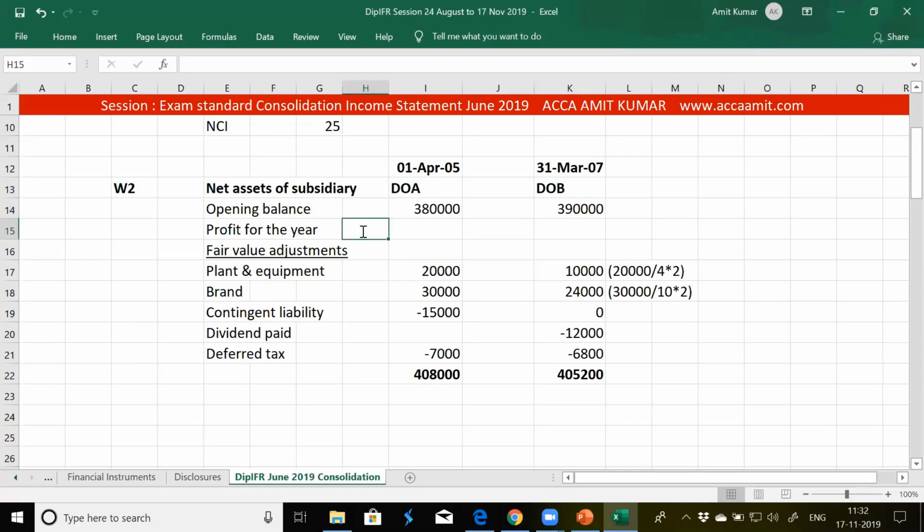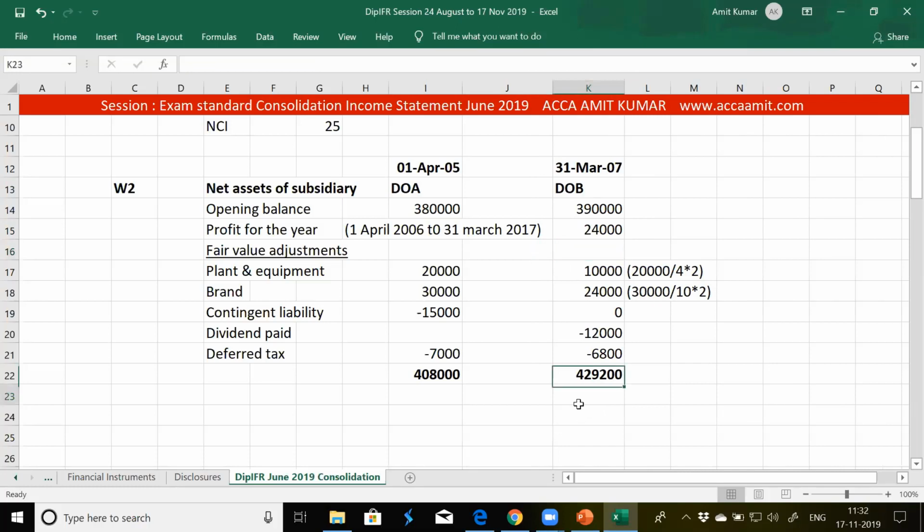Profit for the year, period 1st April 2006 to 31st March 2007, is given to us as 24,000. So how much is the balance to be included as on 31st March?